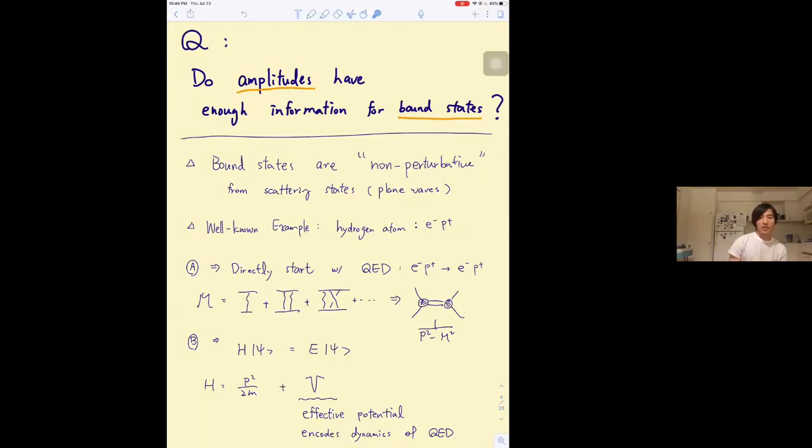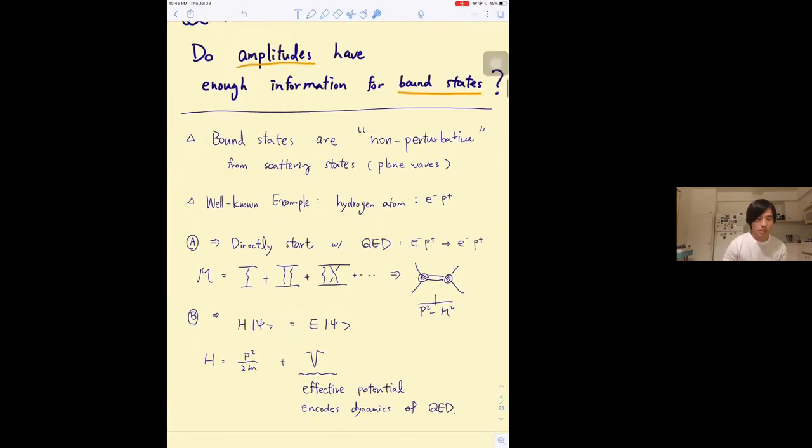However, another, more low-brow way of doing that is to say, let's just do what we do in undergrad mechanics. In undergrad quantum mechanics, what we do is we solve the Schrödinger equation. The inputs here are the Hamiltonian, which has a standard kinetic term plus this potential. The potential to lowest order will be the Coulomb potential.